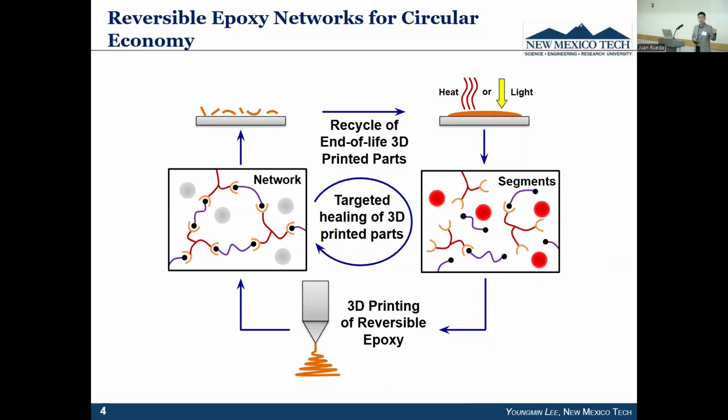That mechanism also works for self-healing. If we print a fine structure and get some crack, we cannot do overall heating, because then we would collapse the fine structure. Instead, we can use light or some other specific method to heal that crack specifically and keep using the printed part.